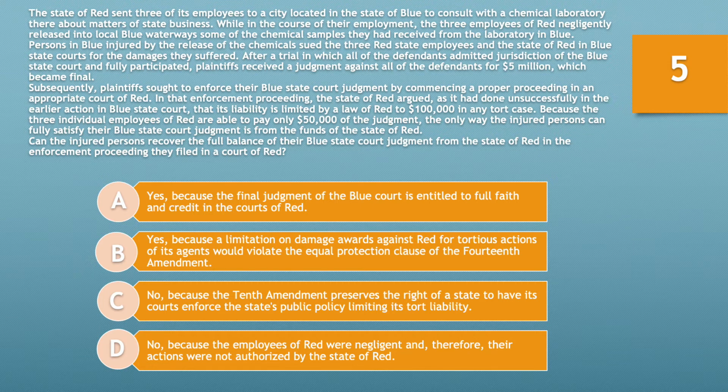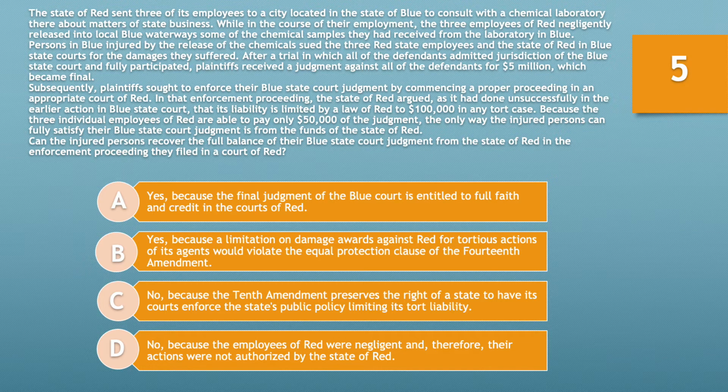Because the 3 individual employees of Red are able to pay only $50,000 of the judgment, the only way the injured persons can fully satisfy their Blue State Court judgment is from the funds of the state of Red. Can the injured persons recover the full balance of their Blue State Court judgment from the state of Red in the enforcement proceeding they filed in a court of Red?